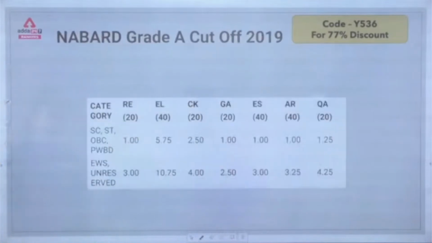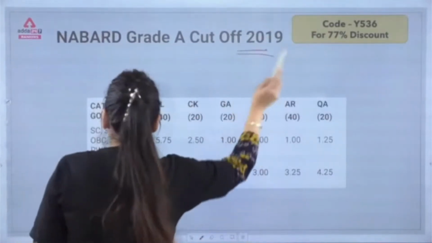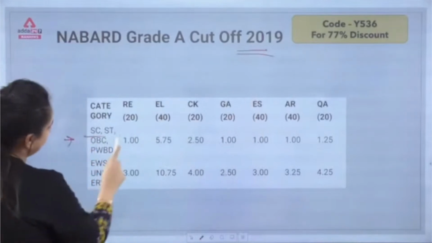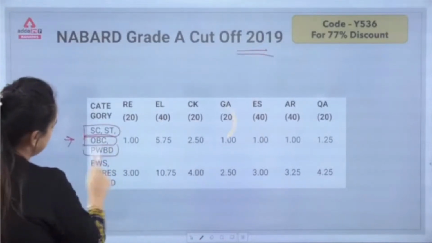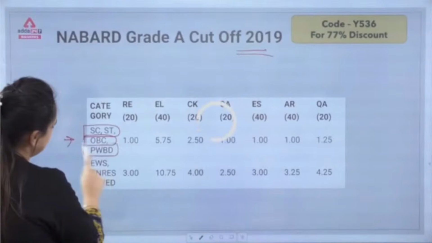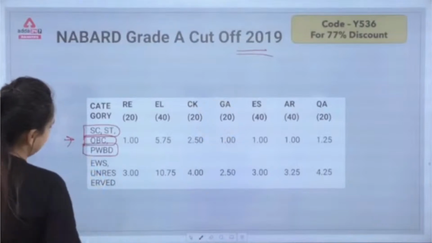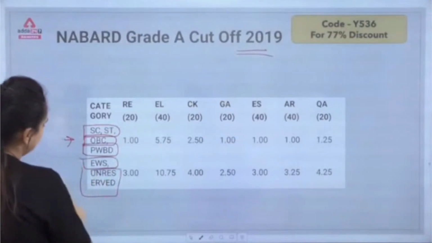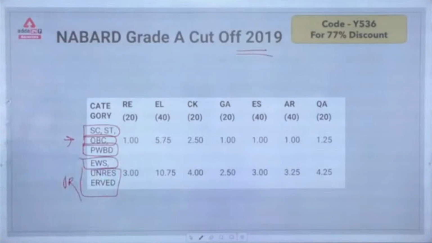Moving forward is the 2019, in which again the categories are mentioned here: SC, ST, OBC, PWBD, EWS and the UR, that is unreserved.